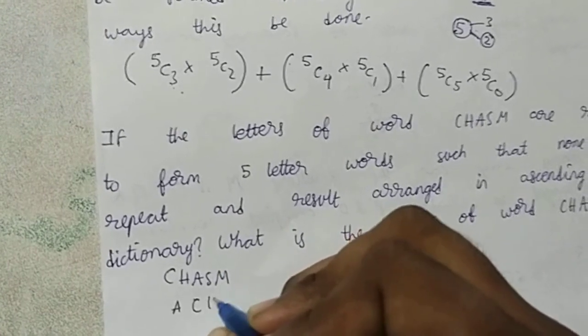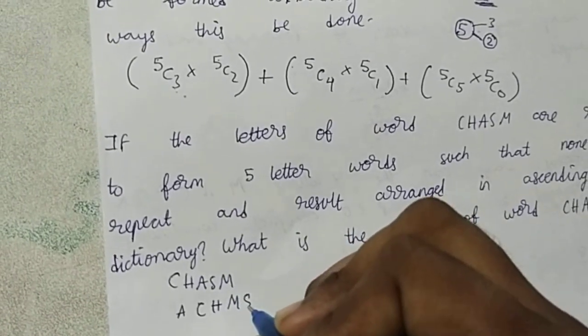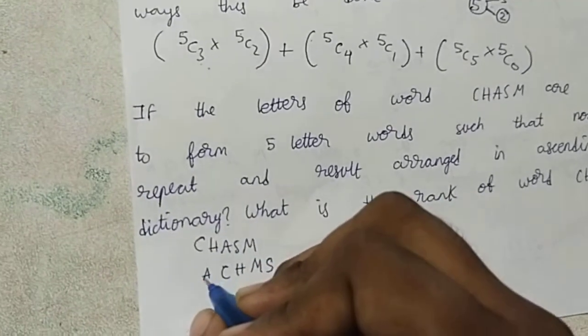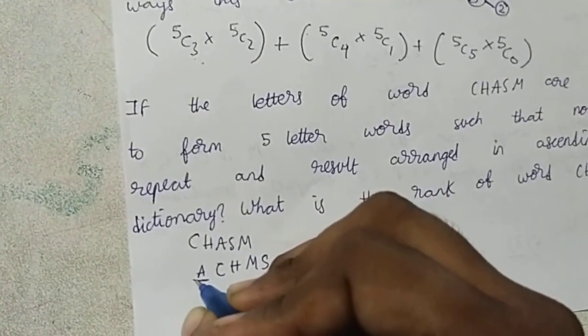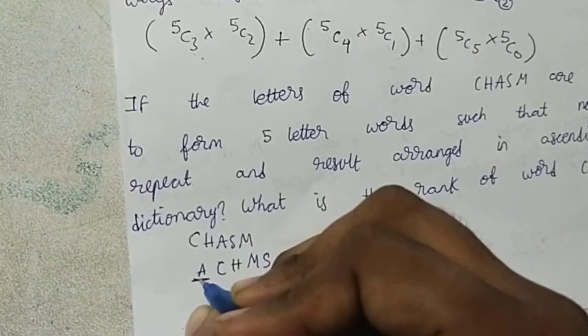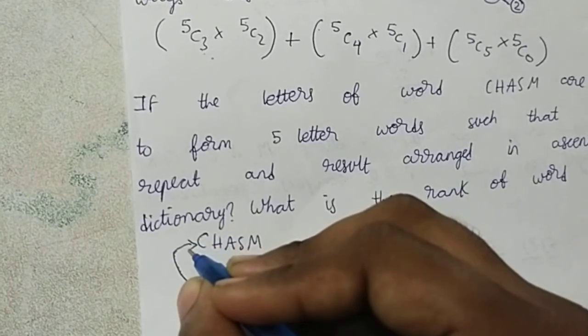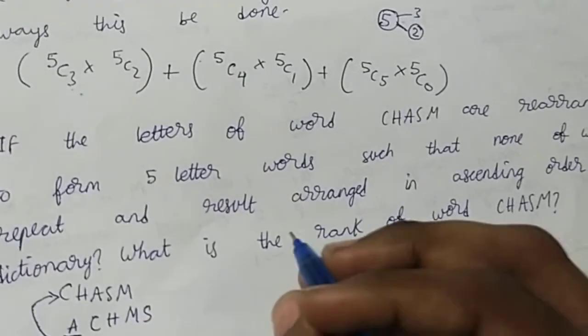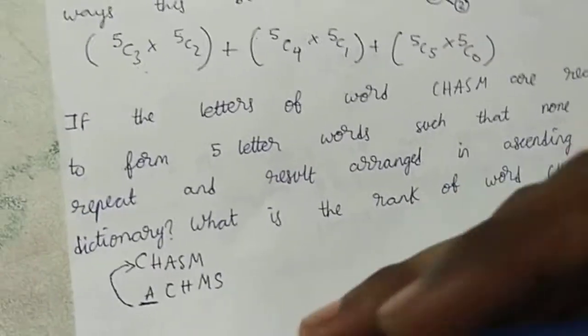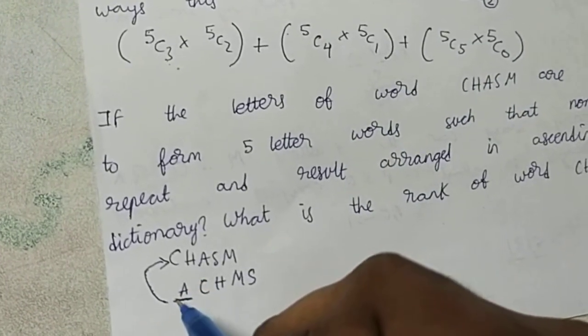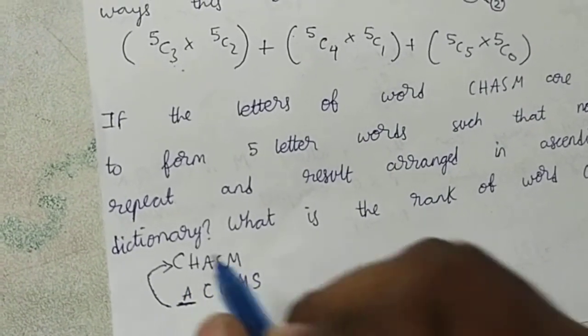So we arrange it as ACHMS. We take the first alphabet A, and compare it with the word CHASM.